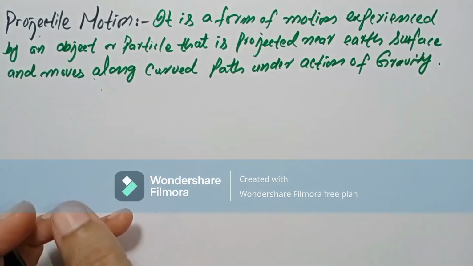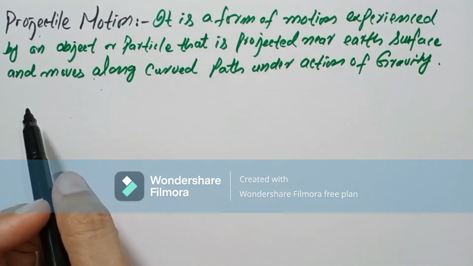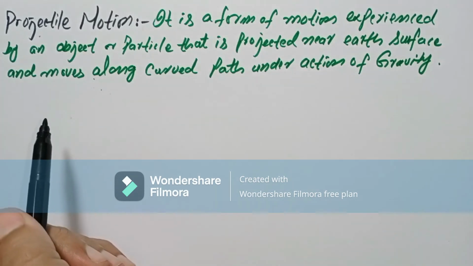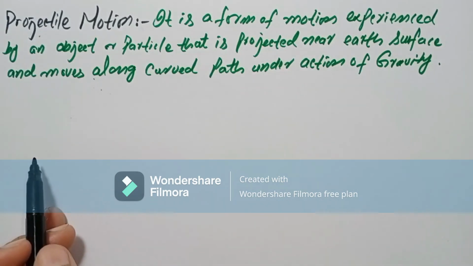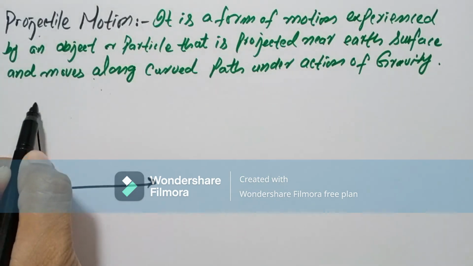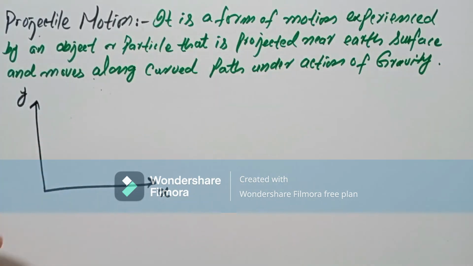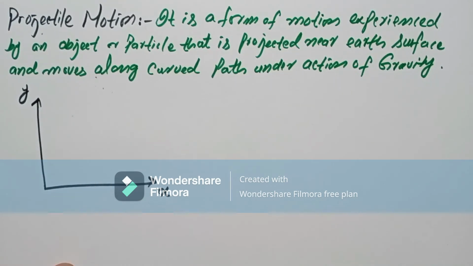So we will consider a particle of mass m which is projected from the origin of the coordinate system x, y with a certain initial velocity u at a certain angle, let's say alpha.